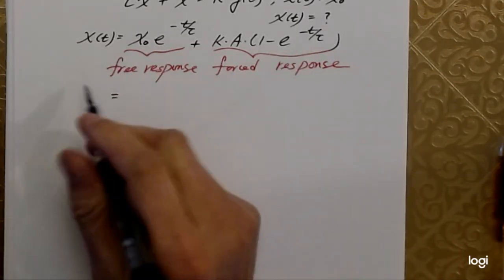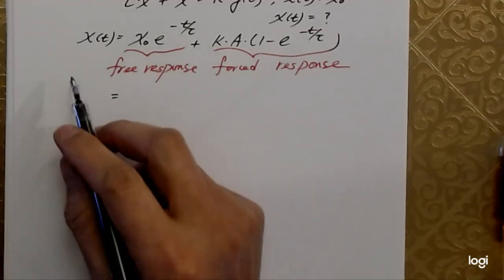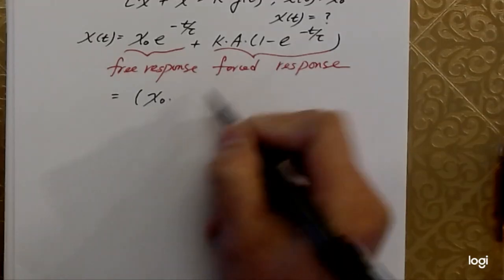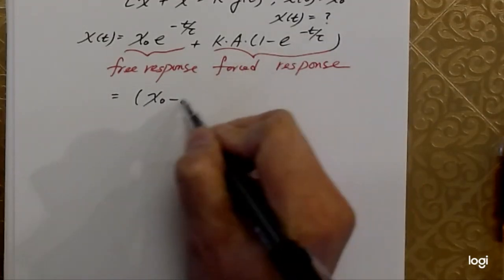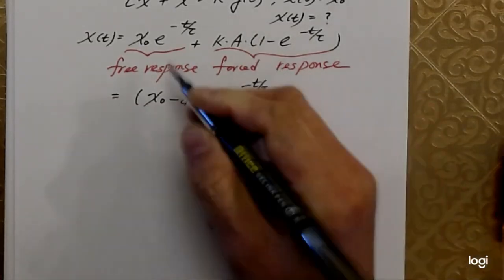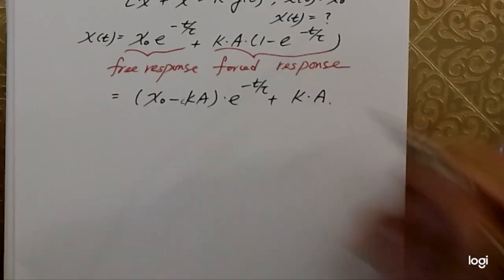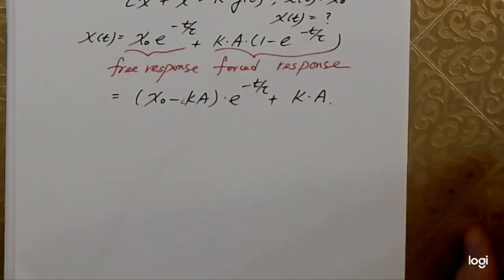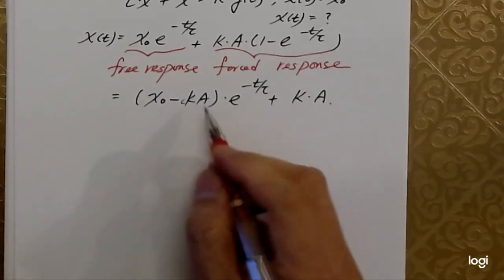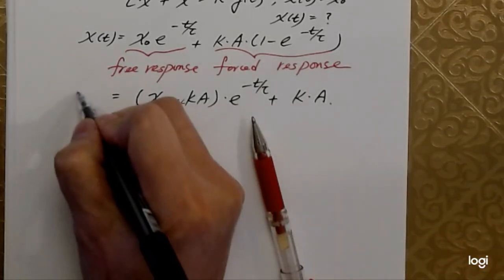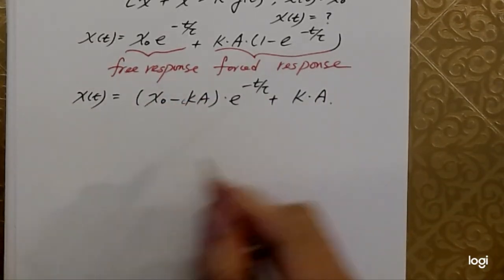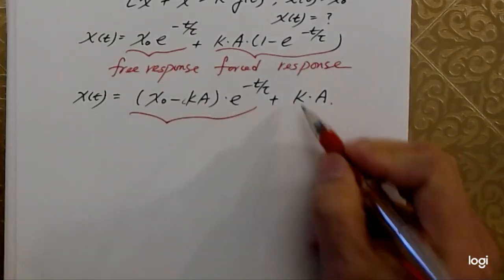You get s of t equals the term with s naught minus k A, times e to the minus t over tau, plus k times A. This part right here is a time dependent signal.